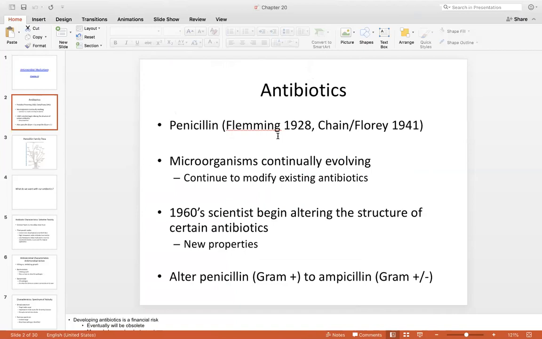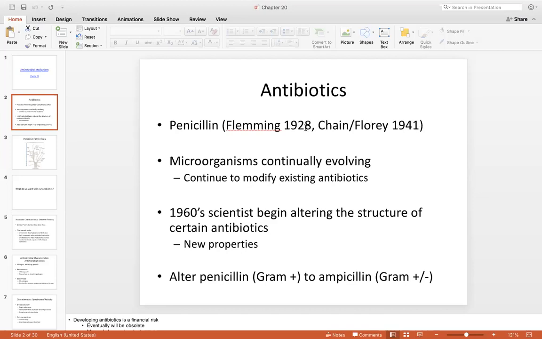Folks that are really important in the antibiotic movement are Alexander Fleming, all right, who discovers penicillin in 1928. And then Chain and Florey, I'm sorry for forgetting their first names, are finally able to figure out how to produce penicillin on a large scale in 1941.